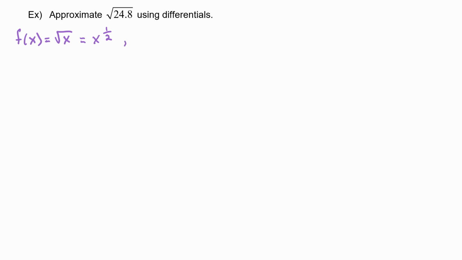We're going to need the derivative f prime of x, which would be 1/2 x to the negative 1/2, which is 1 over 2 radical x.